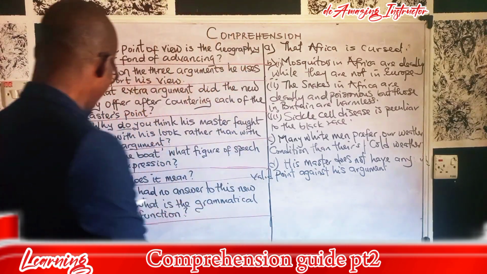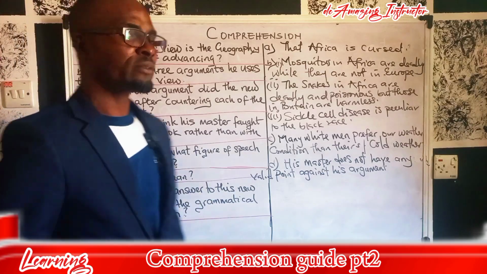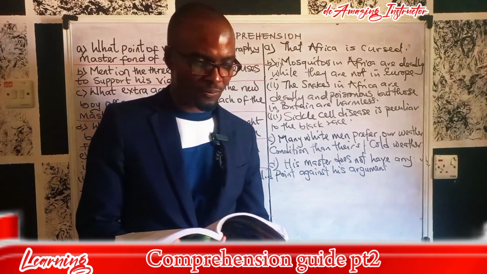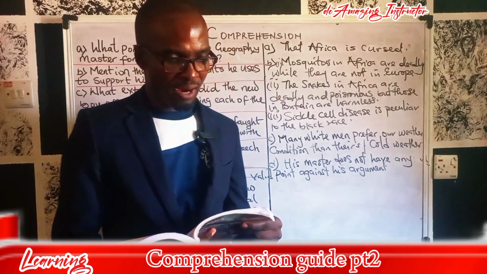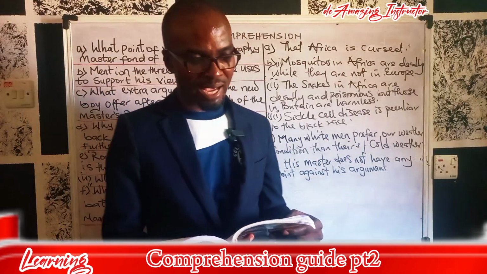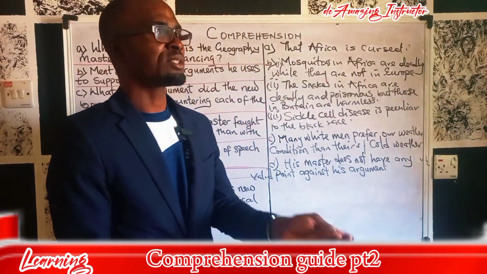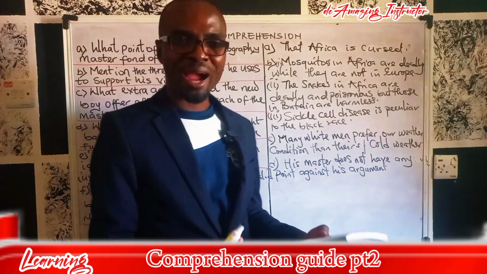And the fifth question, rock the boat. What figure of speech is that? You can see that from the third paragraph. It says, "who had decided to rock the boat without taking the time to sound the water." So it is a kind of comparison.